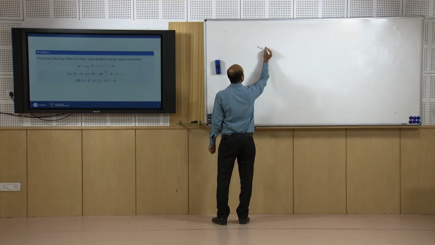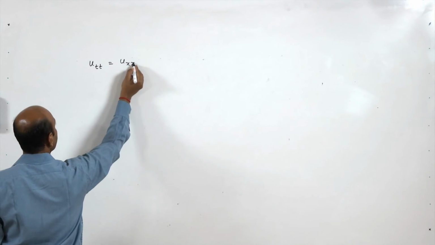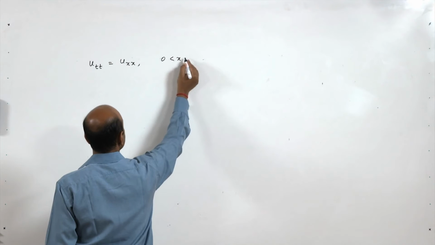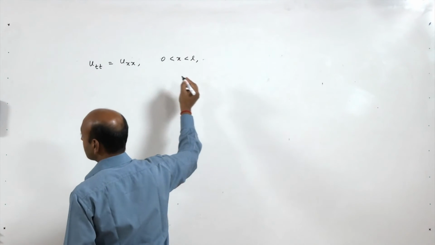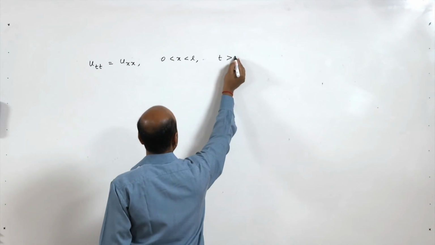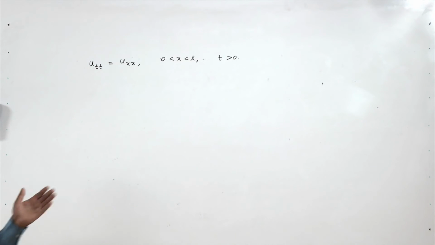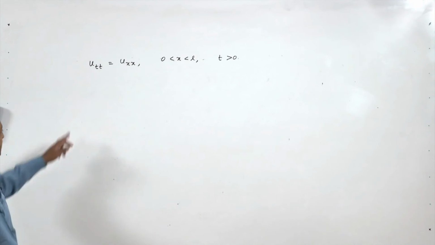u_tt is equal to u_xx, for 0 less than x less than L, and t greater than 0. Conditions are given to you. What are the conditions we will use when we apply Laplace transform on both the sides? So, take Laplace transform on both the sides.